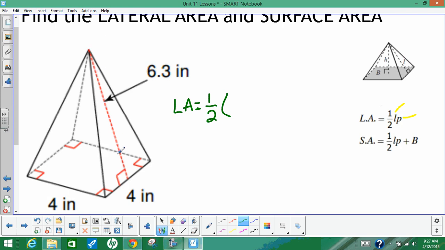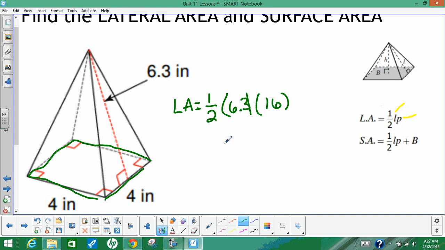It's this dimension here, that's 6.3. And since this is a square on the bottom, that means every side is 4 inches long. So we can find the perimeter by adding 4 plus 4 plus 4 plus 4, and we get the perimeter of that base to be 16.